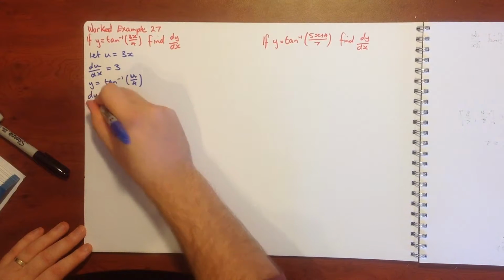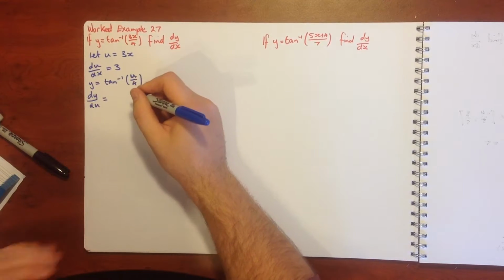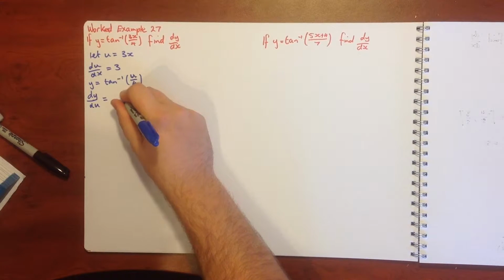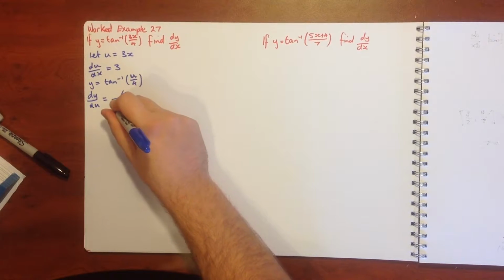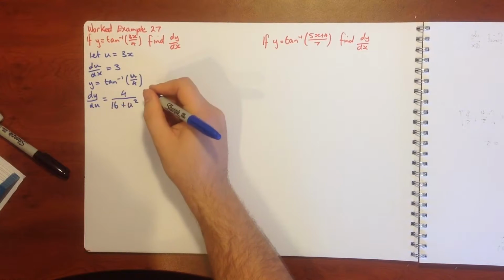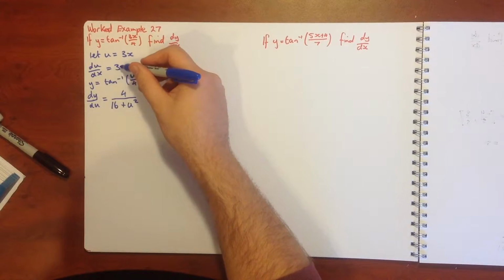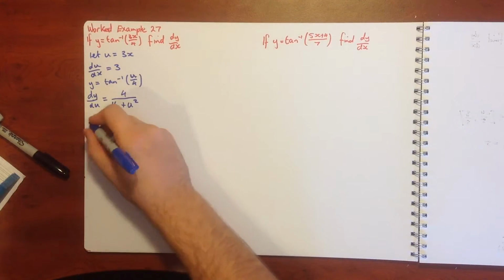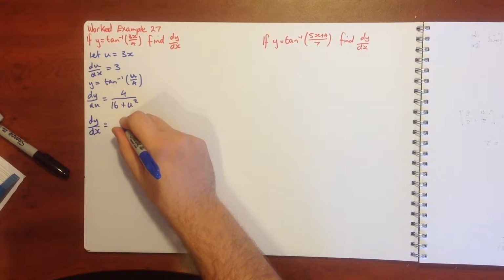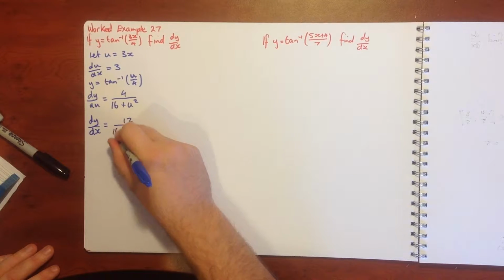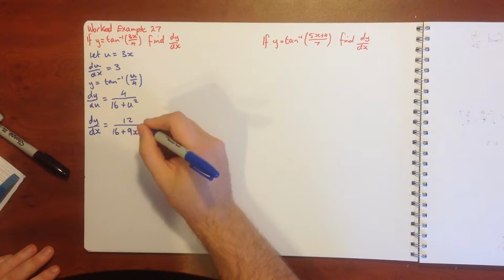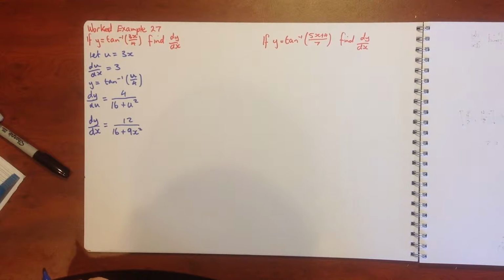So dy/du for that is our a, this number, over a squared, which is 4 squared, which is 16, plus u squared. Now we're going to multiply our du/dx and our dy/du together to get dy/dx. Well, that's going to give us 12 over 16 plus, put in our u squared in, 9x squared. And we're done for that one.